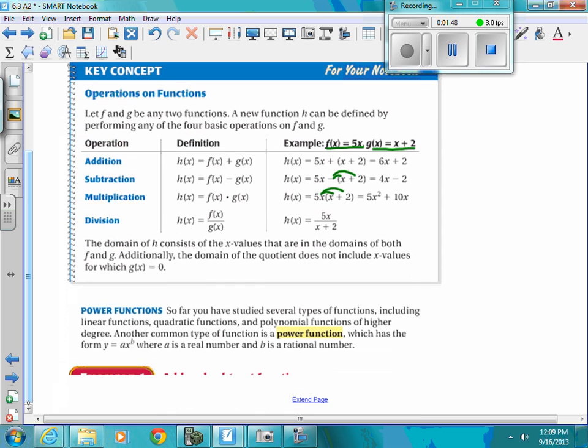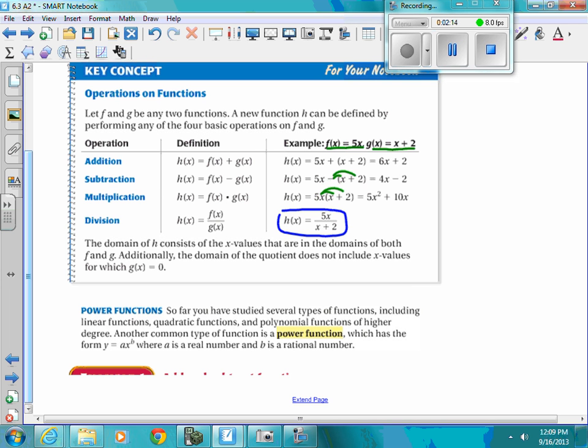The key thing, because we're going to talk about domains, remember domains are the inputs of a function. So whatever you're putting into a function, that is the domain. Sometimes you're limited on the domains. For instance, in this last example here, h of x equals 5x plus 2 over x plus 2. The domain is all reals except x equals negative 2 because we can't divide by 0.